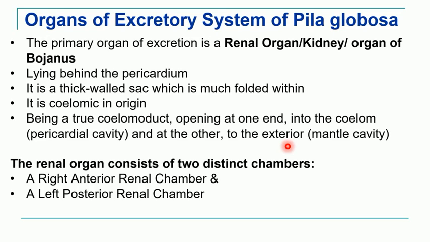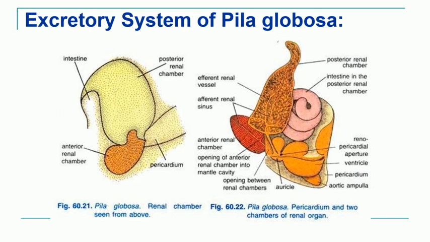Now this renal organ consists of two distinct chambers. So there is a two chamber system: a right anterior renal chamber and a left posterior renal chamber. These two chambers take part in the process of excretion.